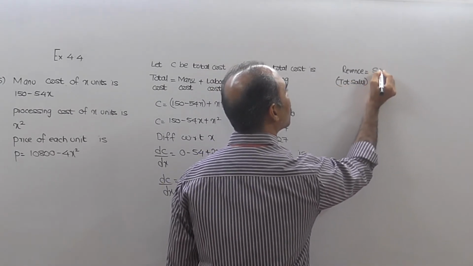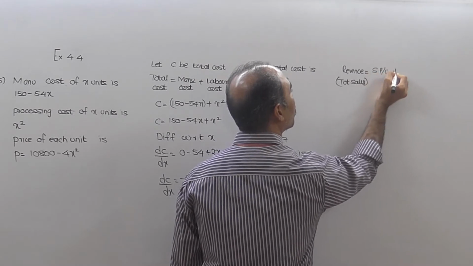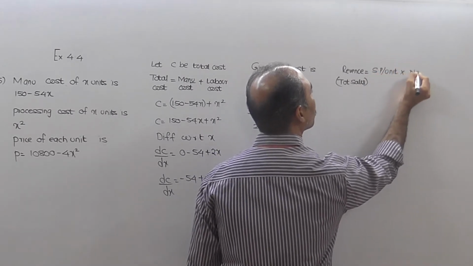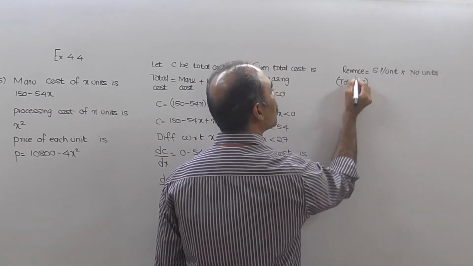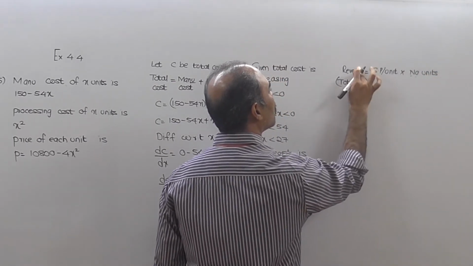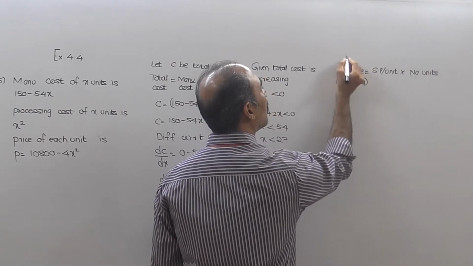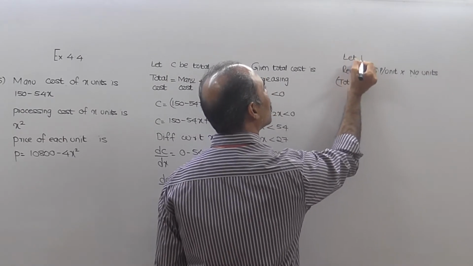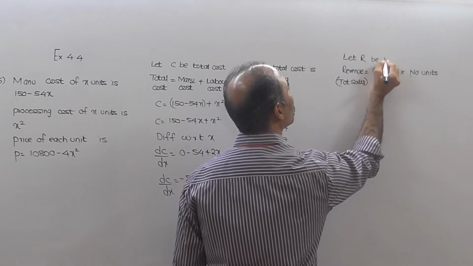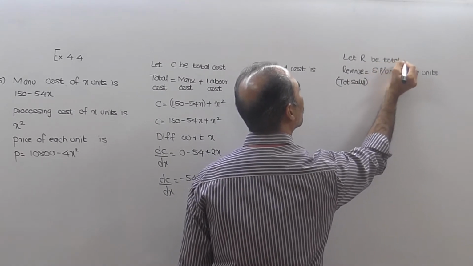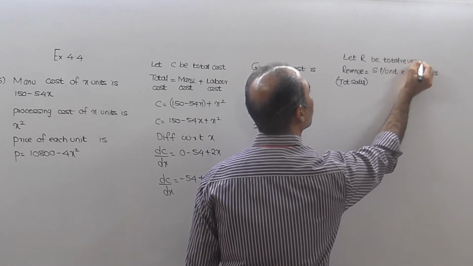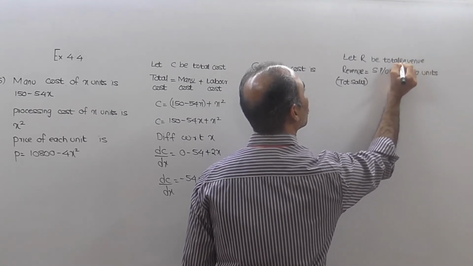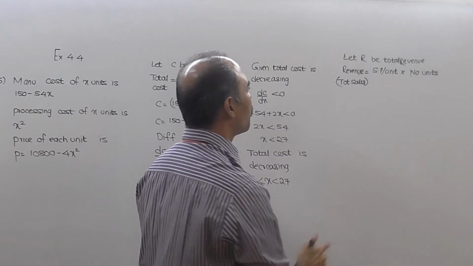Total sales is selling price per unit multiplied by the number of units. So I will make an assumption. Let R be the total revenue.